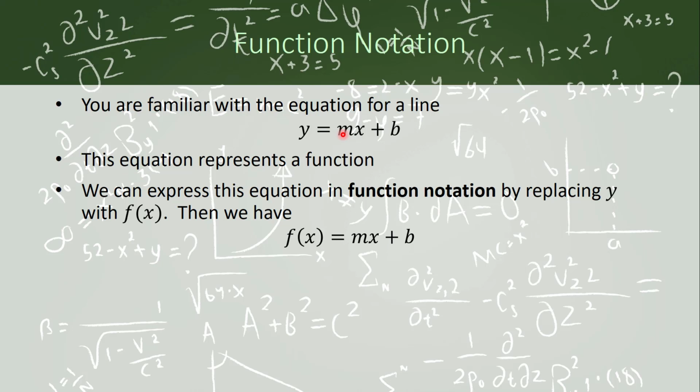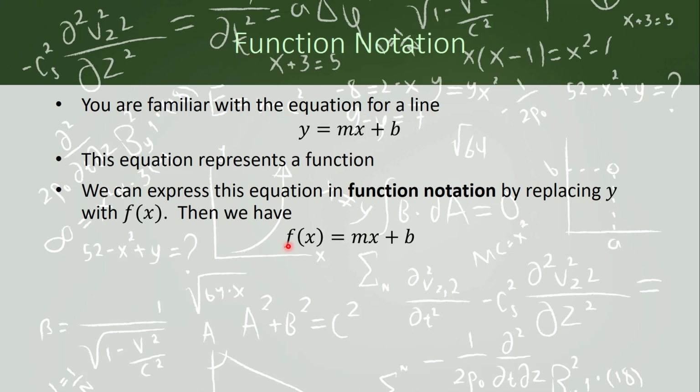However, what we can do is take this y, get rid of it, and replace it with f of x, with f, open parenthesis, x, close parenthesis, and this is usually pronounced f of x. Then we have what we call f of x is equal to mx plus b. How would you read this? Well, we've just described the function. We are calling it f.